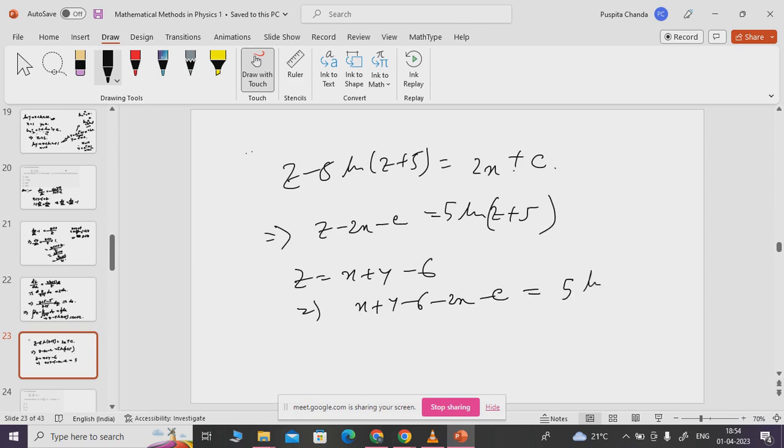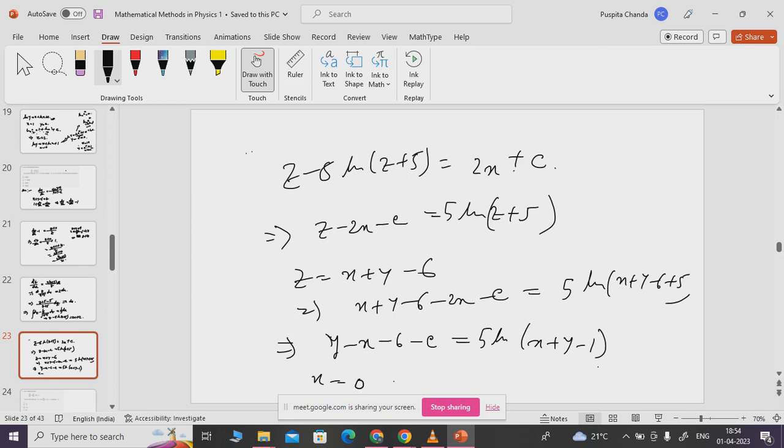So it is x plus y minus 6 minus 2x minus c is equal to 5 ln (x plus y minus 6 plus 5). So it will become y minus x minus 6 minus c is equal to 5 ln (x plus y minus 1).